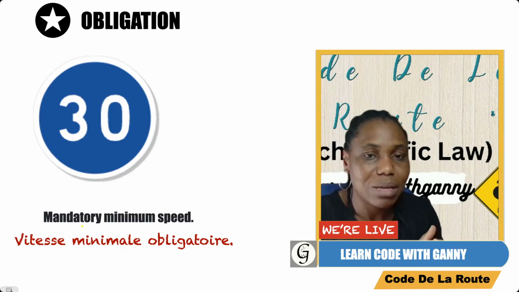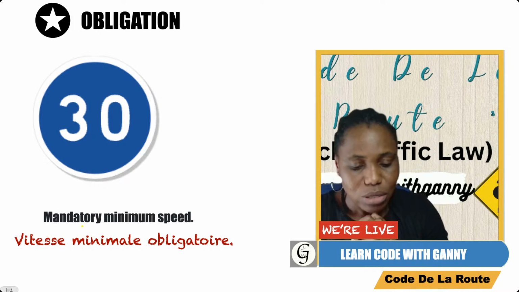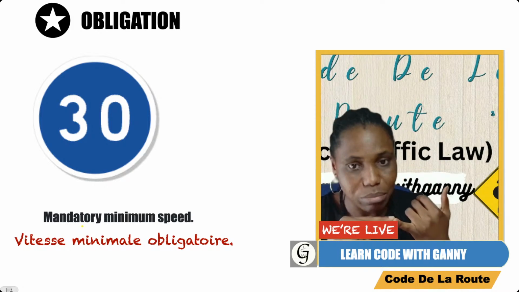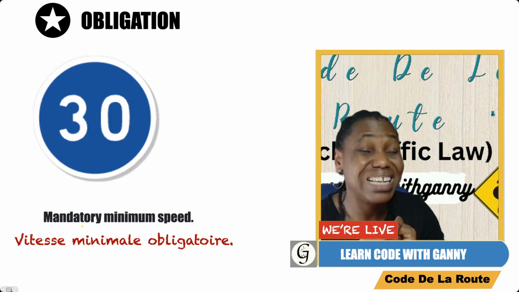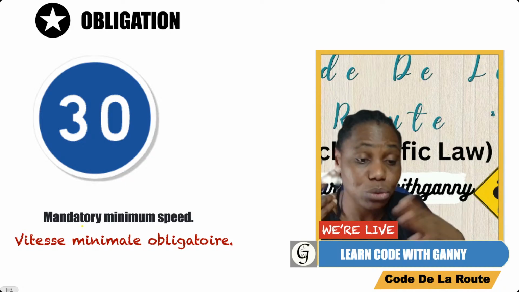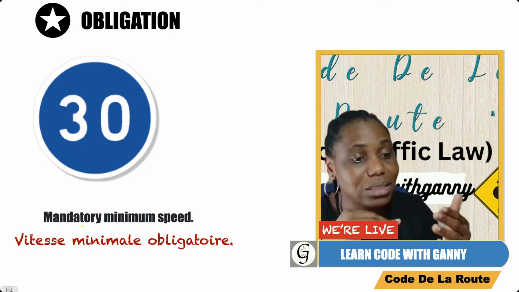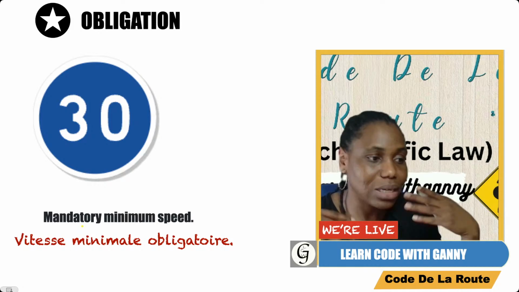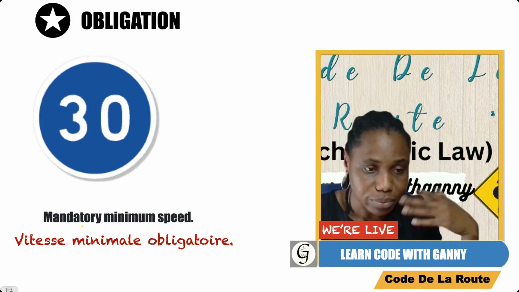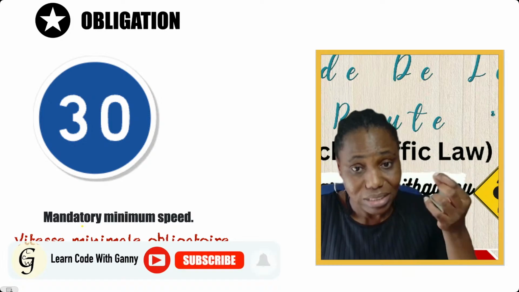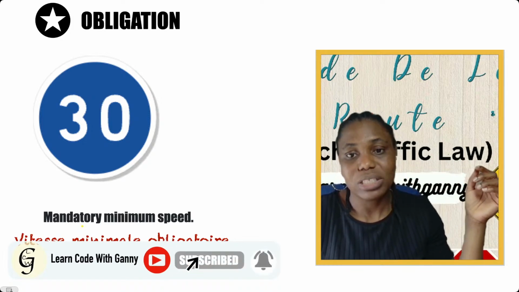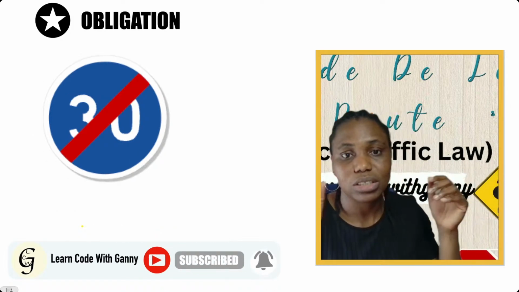Most of the time, this 30, you can see it close to a highway or in a tunnel. Sometimes they will write rappel under it, so that you will know the maximum speed to run.